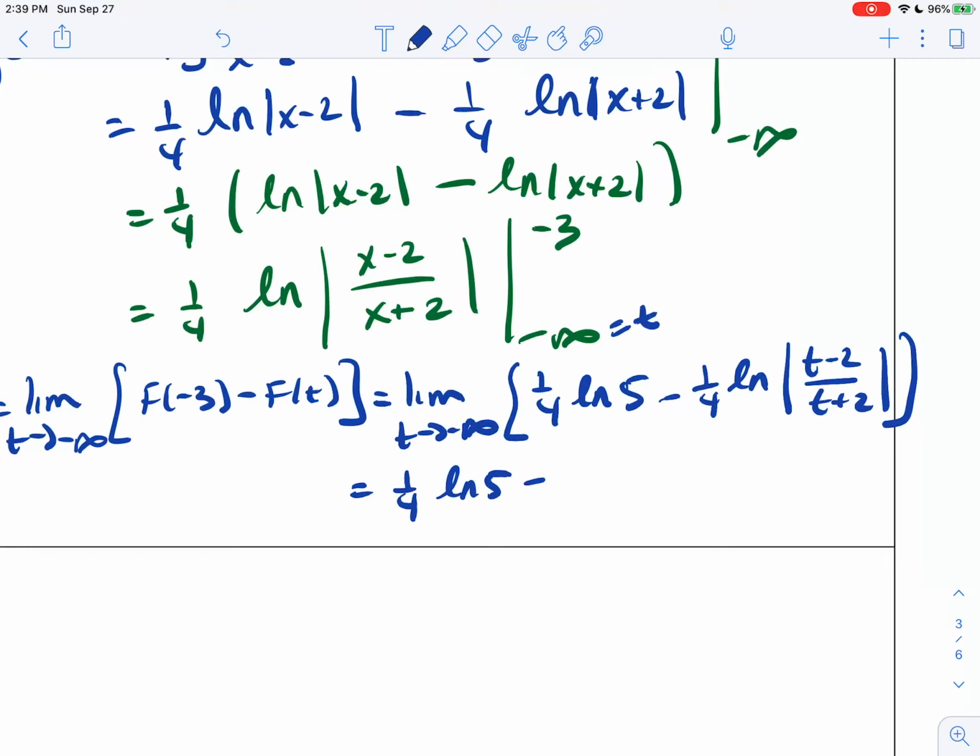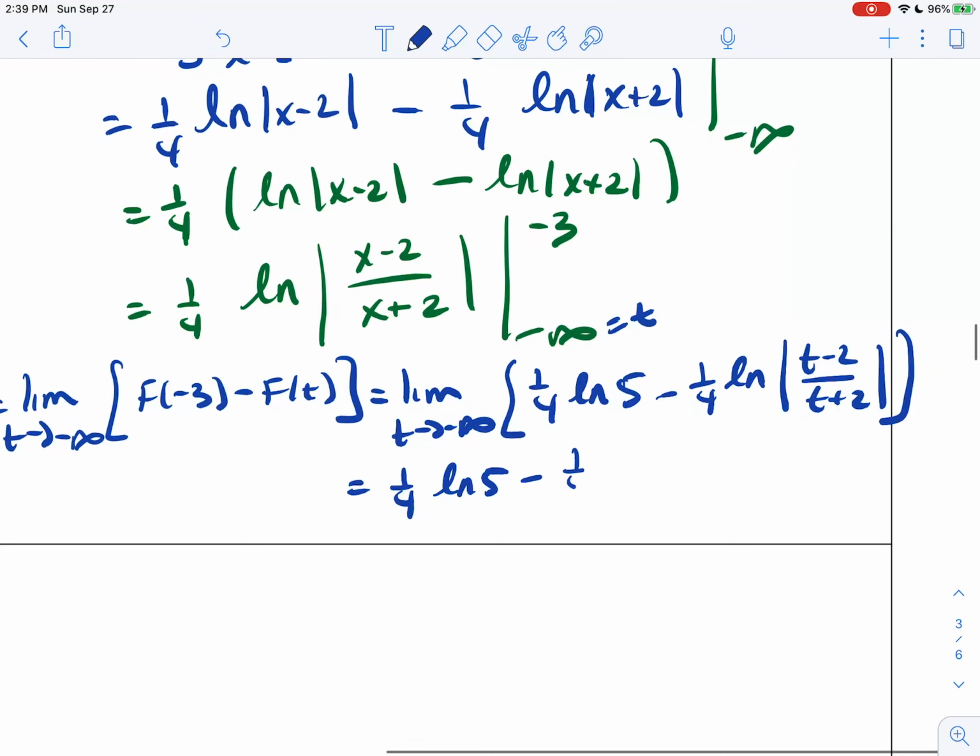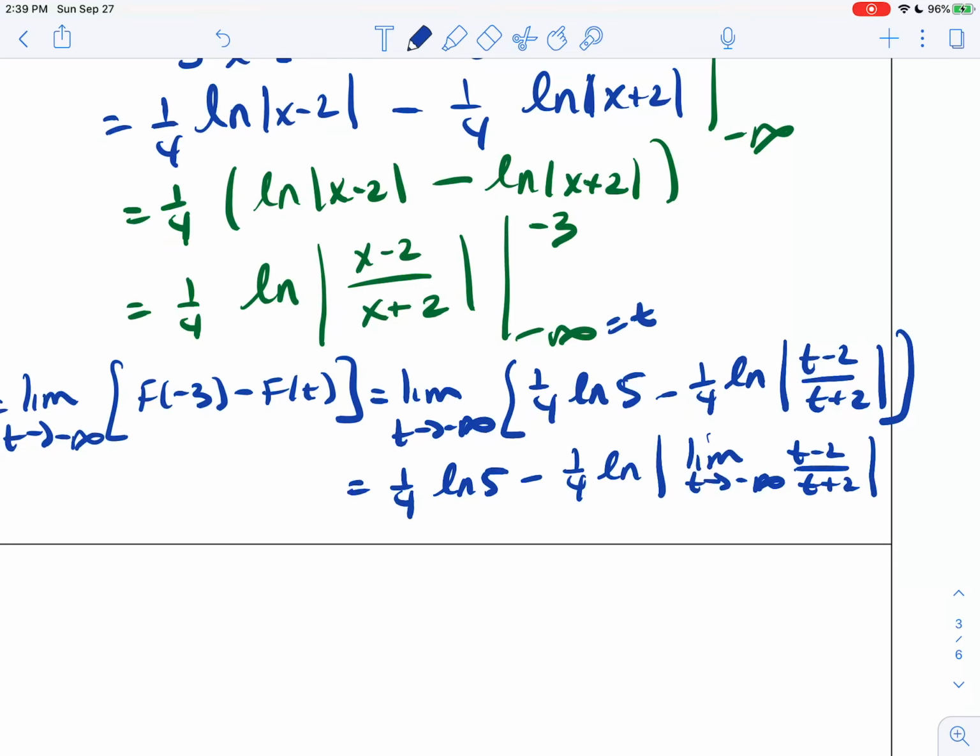And we do have that the ln of the absolute value, even if t is going to -infinity, is a continuous function of positive values, because ln of t is continuous. So we can say that this is minus 1/4 ln, and we can take that limit inside, of the absolute value of t minus 2 over t plus 2.